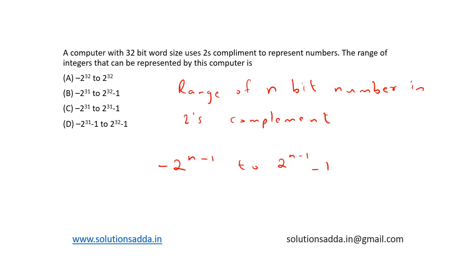This minus 1 is for the extra 0 representation. Here there is no negative value representation for 0, there is only one single representation. So substituting n equal to 32, we get minus 2 to the power 31 to 2 to the power 31 minus 1. And going by the options, option C is the correct answer here.